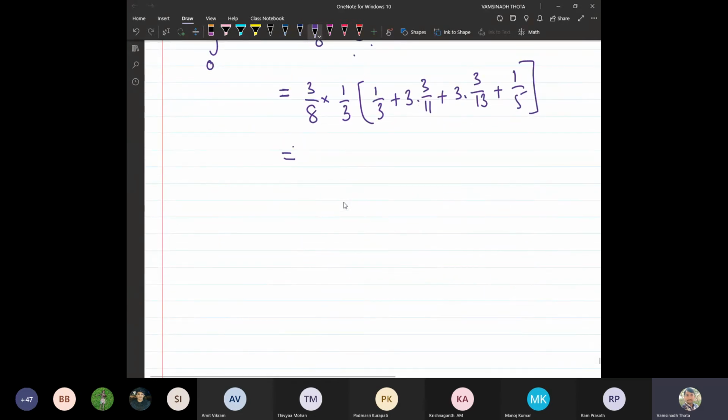If you ask for the next case, that is case 2, 3n is equal to 6. In this case, what about h? h is b minus a upon 3n, and hence it is 1 upon 6.